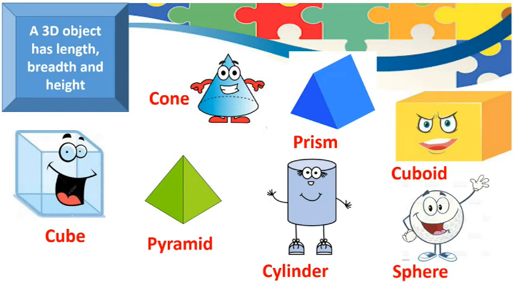These are some of the examples of 3D shapes. They are cube, cone, pyramid, cylinder, cuboid, and sphere.